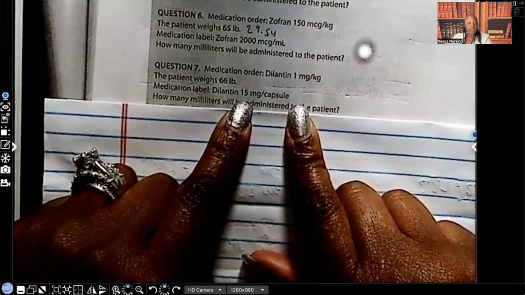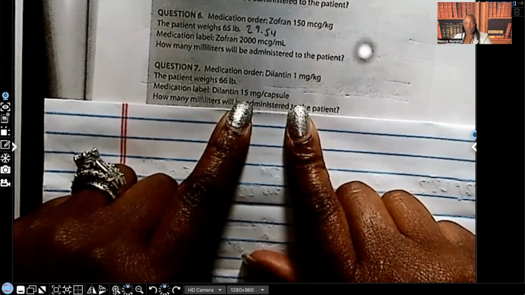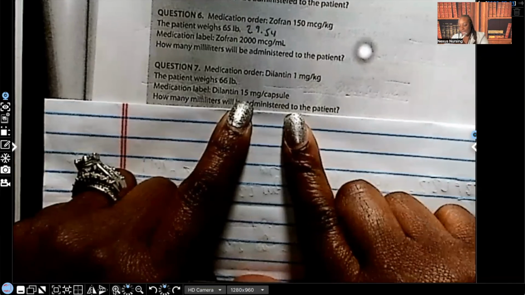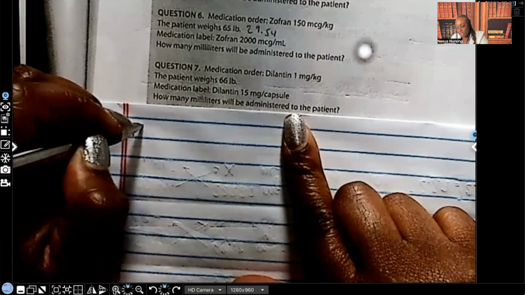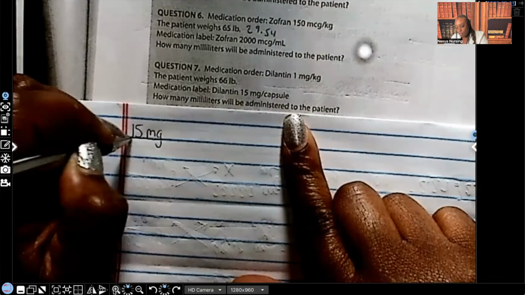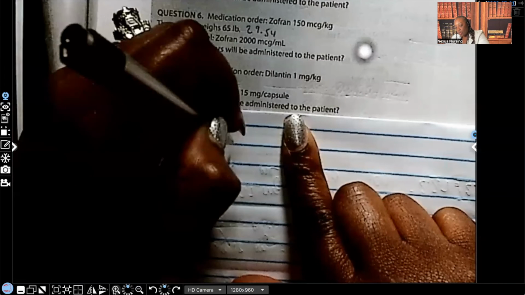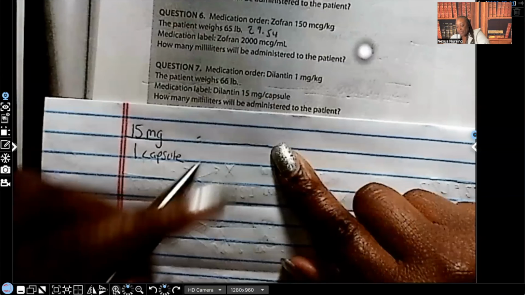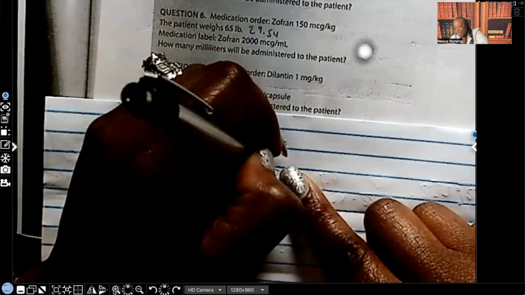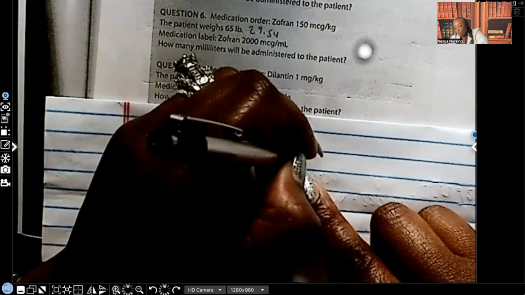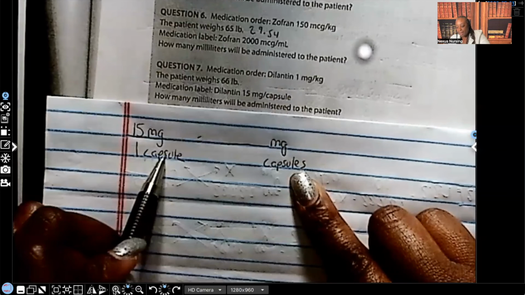What we have is 15 milligrams per capsule. So we're going to start with what we have, what's connected together. Go ahead and put your 15 milligrams per 1 capsule equals whatever we have up here is definitely going to be milligrams, and whatever we have on the bottom is definitely going to be capsule. Okay, milligram, milligram, capsule, capsule.